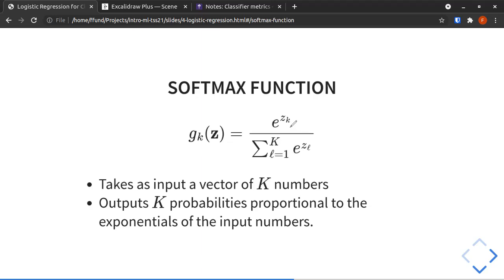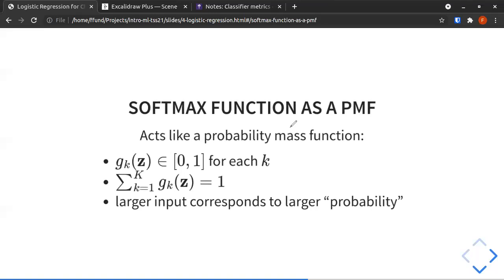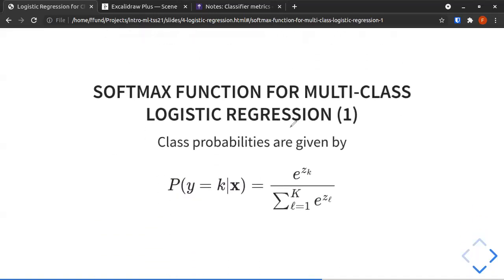And it produces, as a result, some probability of belonging to the kth class. So we have our class probabilities given by that g sub k function. And then we end up with k of these, where k is the number of classes. So this is a probability of belonging to class small k.